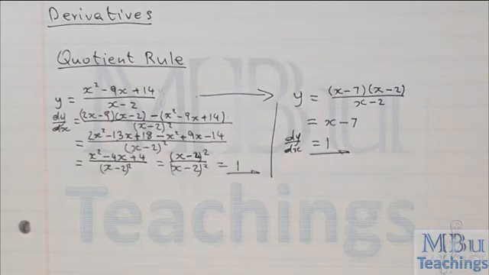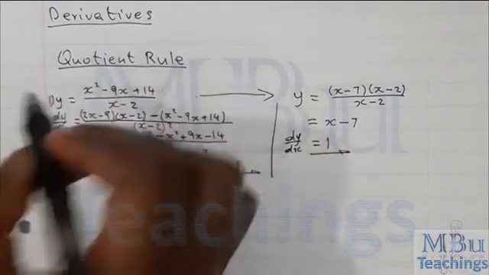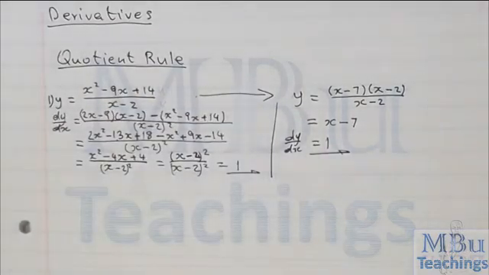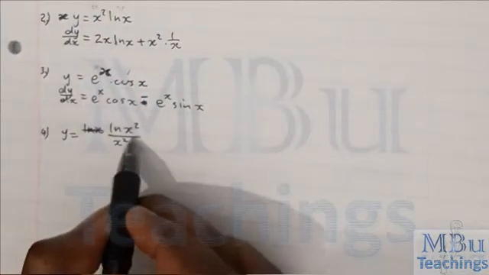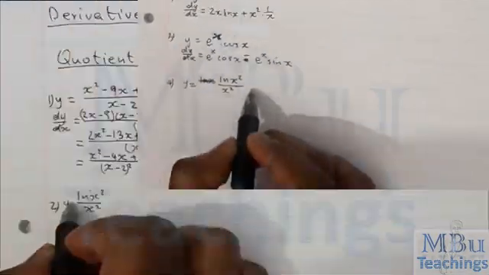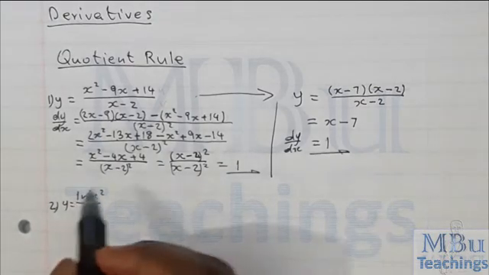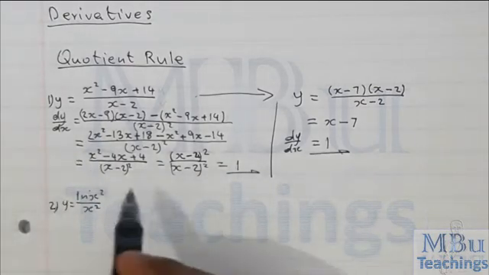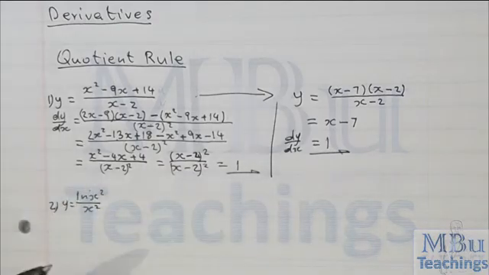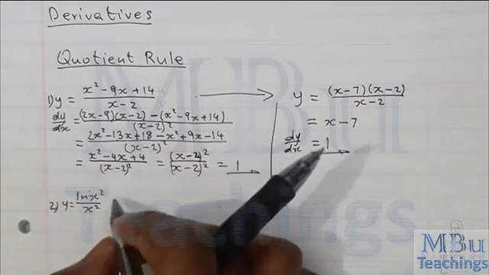Okay, so let's move to the next example. Our next example will be the example I did when we were doing the product rule. If you remember, when we were doing the product rule, we had a problem of this nature. Now we will use the quotient rule to deal with this. In other words, we do not have to rewrite it, because we can now derive what is underneath the line.